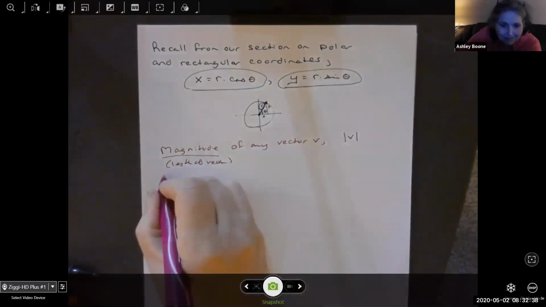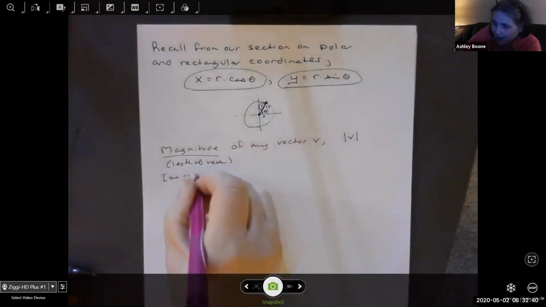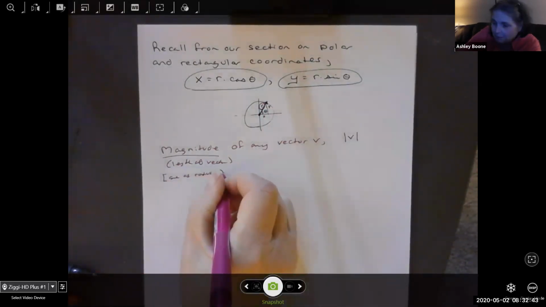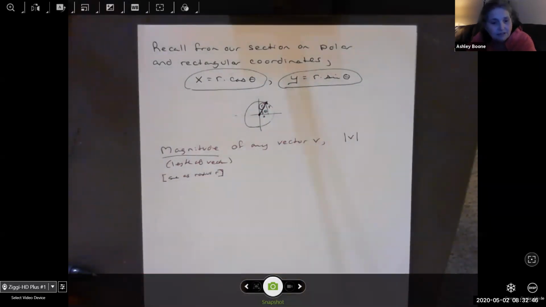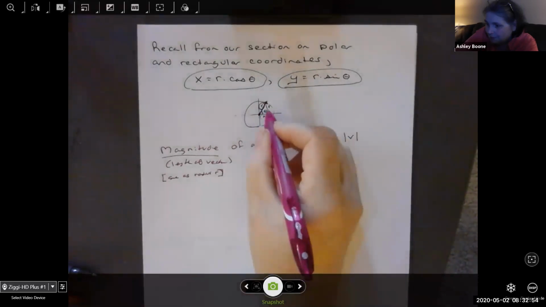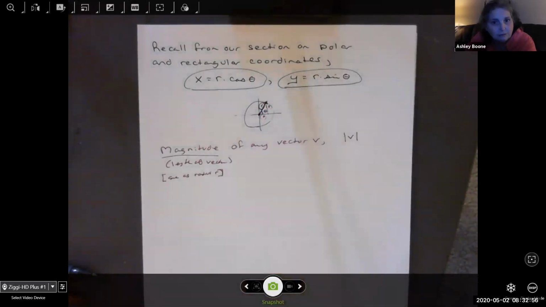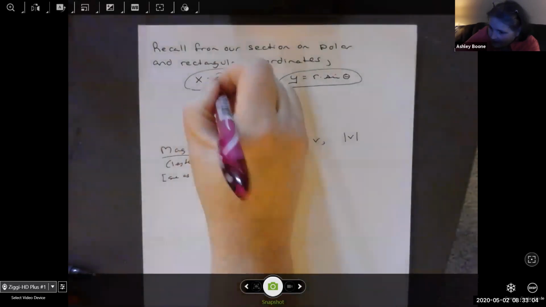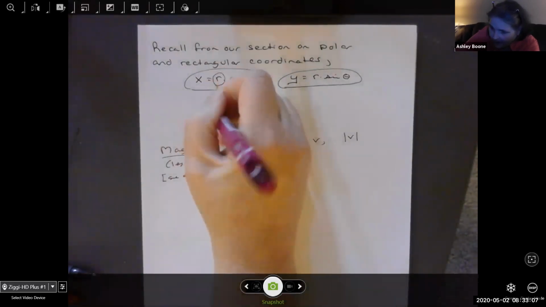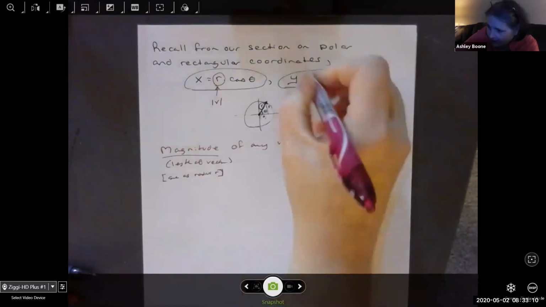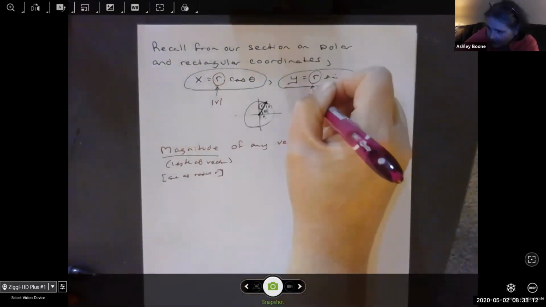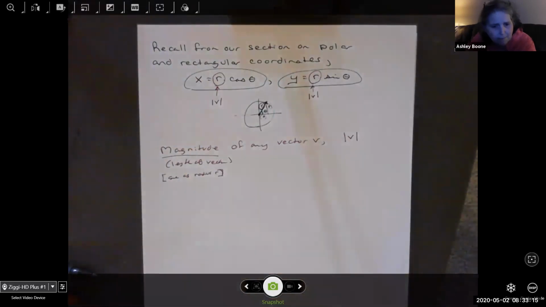We found it by the square root of horizontal squared plus vertical squared, square root of a squared plus b squared. But magnitude is like the radius. So for any vector v, we can think of this as the magnitude of v. That's the same as our radius, right? Magnitude of v.